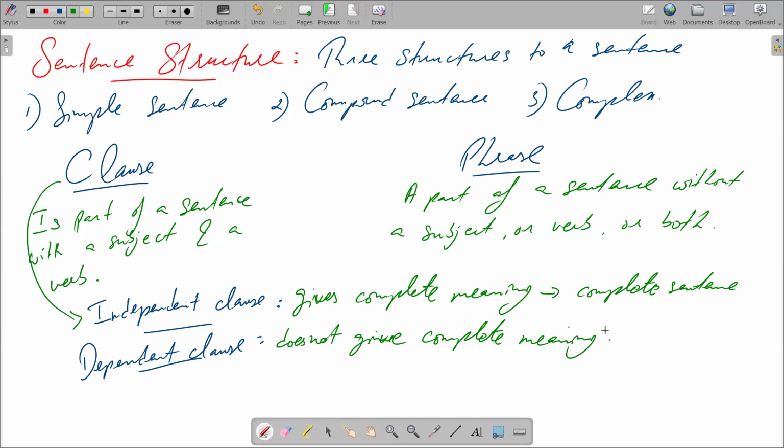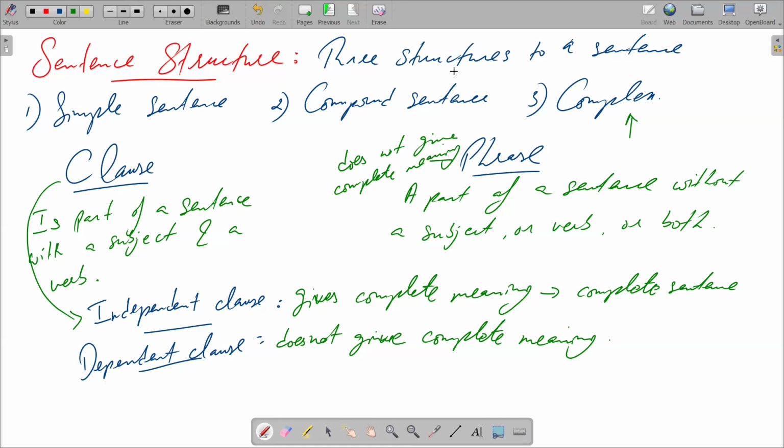And right, so that will come into play with complex sentences. And a phrase, obviously, is a part of a sentence without a subject or a verb or both, and so obviously a phrase does not give complete meaning. It does give meaning, it doesn't give complete meaning. So it's not like it doesn't mean anything, it does. It's just it doesn't give you the whole, right?